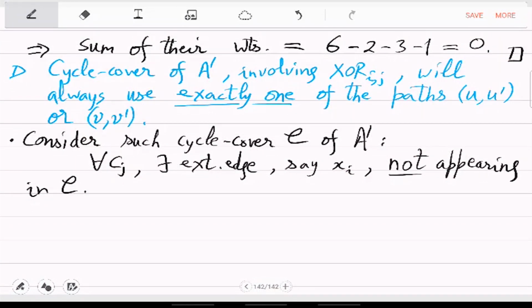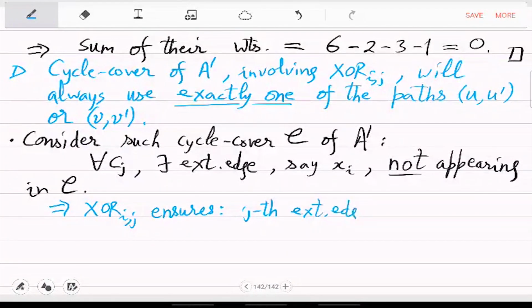So this means that XOR ensures that the jth external edge in Vi appears in C. And once the external edge is being used in the variable gadget, all the external edges will be forced to be used. So the same truth will reflect in all the clauses.